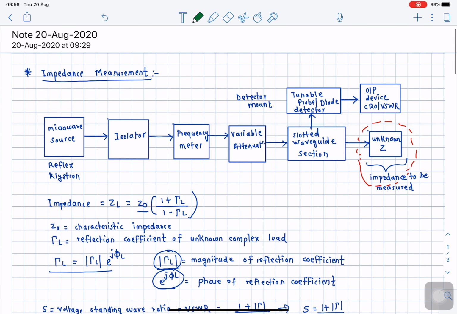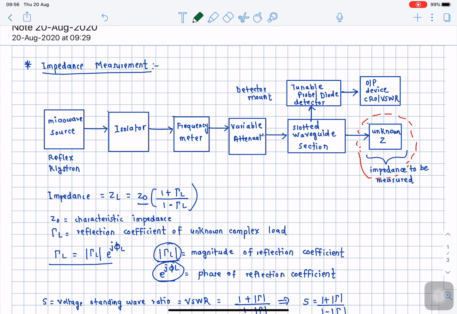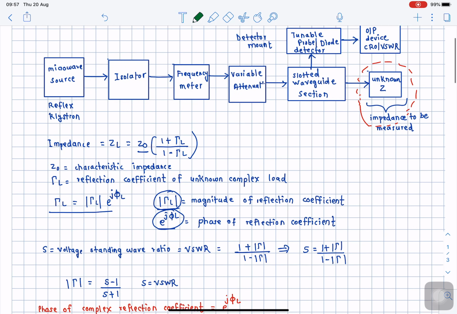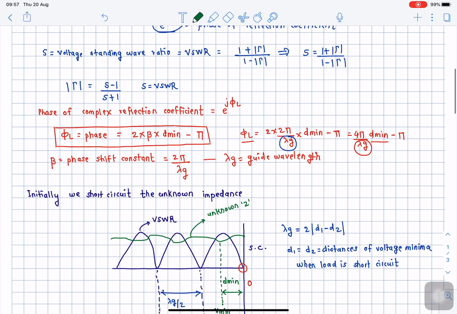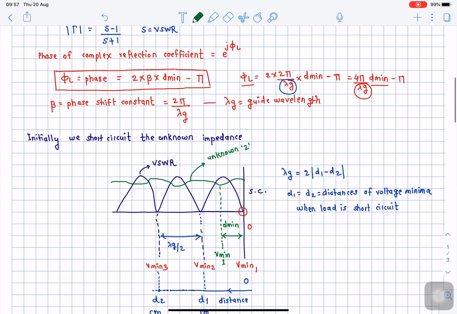We will connect the unknown impedance and again start moving from the right hand side towards the left hand side, going towards the generator, and find out where the voltage minimum is shown, either using a CRO or the VSWR using a tunable probe. The distance at which we get minimum voltage, we take down with respect to the minimum voltage position of the short circuit condition. That distance we call D minimum.